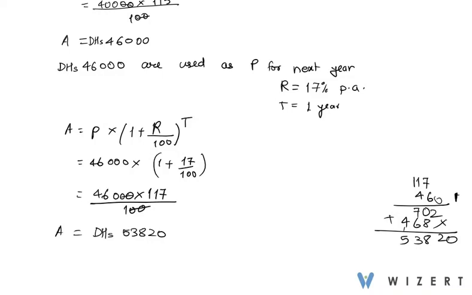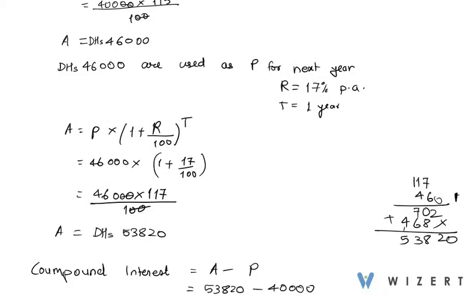So total compound interest will be final amount, that is A minus initial principal. So that will be 53,820 minus 40,000.